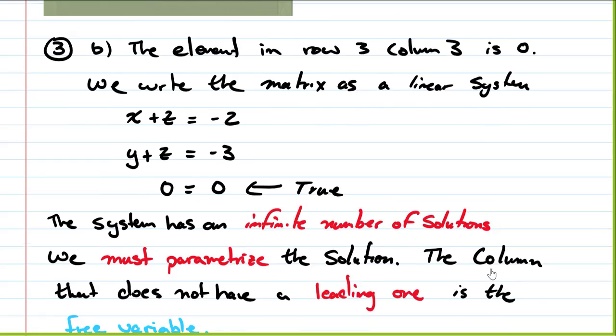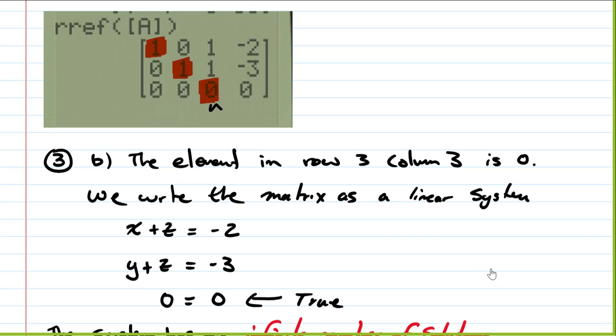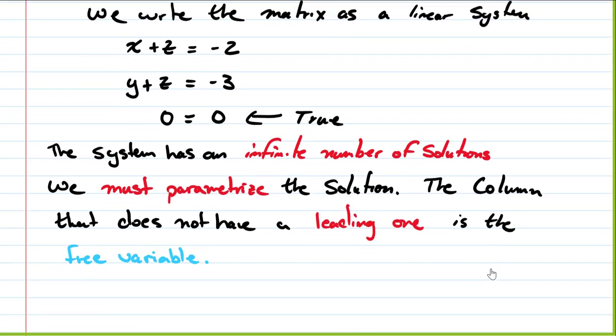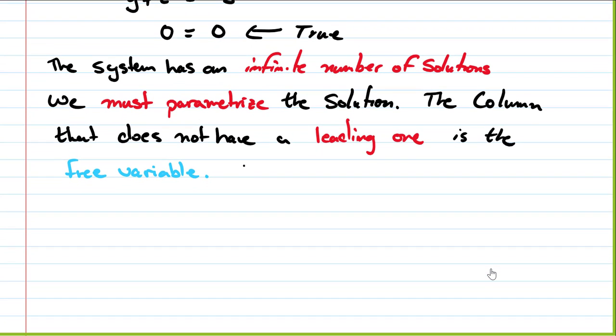So in this case, our column that didn't have the leading 1, if we look at our columns, then we have our x, we have our y, and we have our z. So the free variable is z.